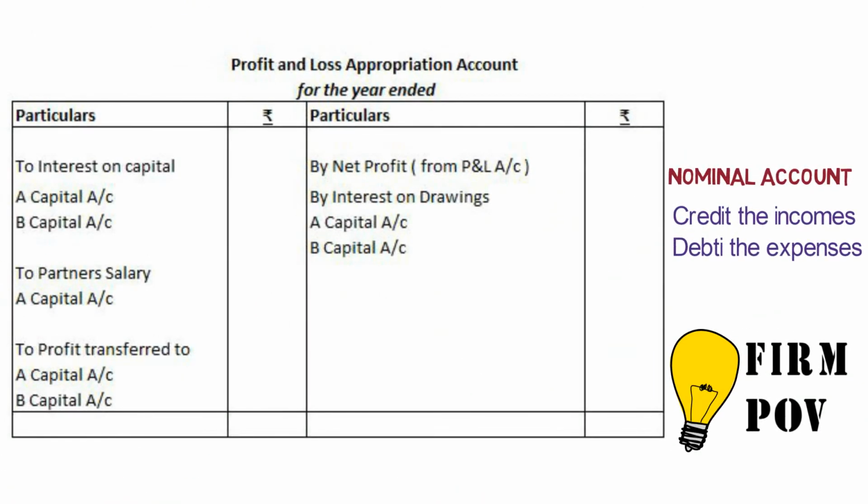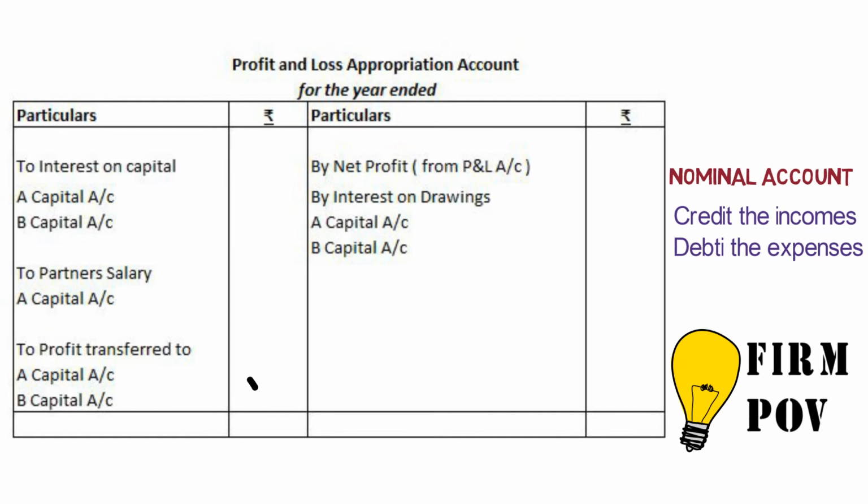Finally, if your credit side is more than the debit side, this means you have a divisible profit. Transfer this divisible profit to the partner's capital account. And if your debit side is more than the credit side, that means you have a divisible loss. Also transfer this divisible loss to the partner's capital accounts.